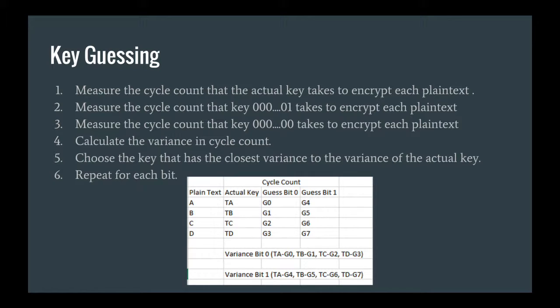We repeat this 8,000 times to generate a large sample size. For each guess, we calculate the variance and go with the guess that yields the closest variance to the actual key. Then we move on to the next bit.